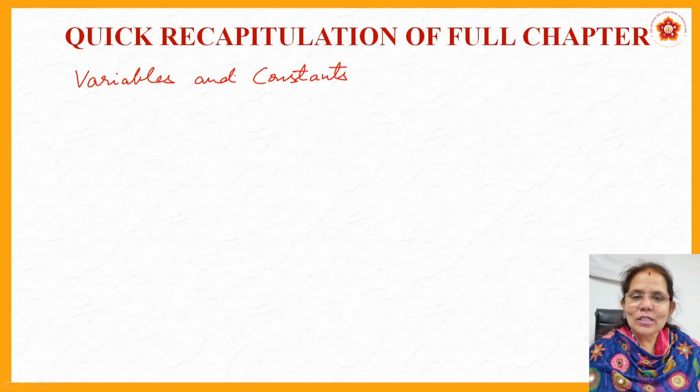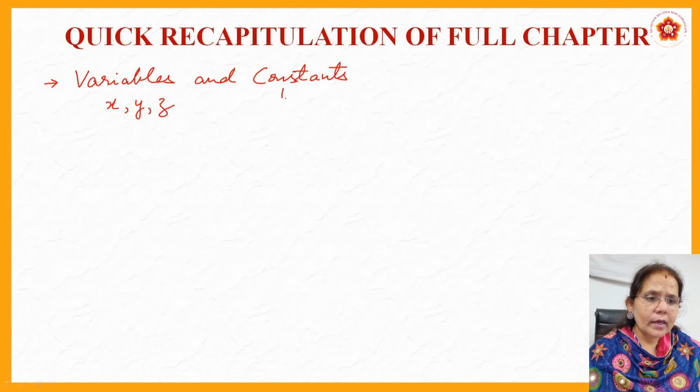So all those things which remain fixed, they are referred to as constants, and the things which keep on changing, they are called variables. And when we are talking of algebra, variables are denoted by x, y, z, and constants will be numbers.